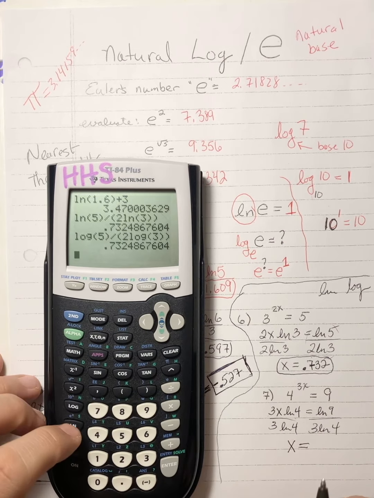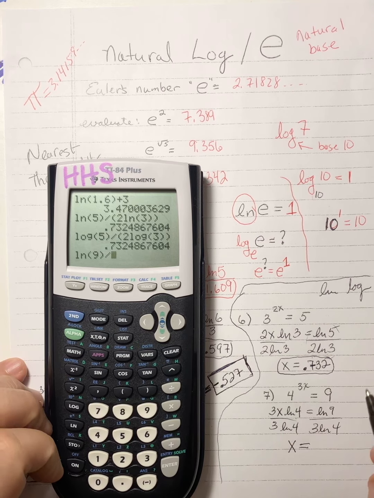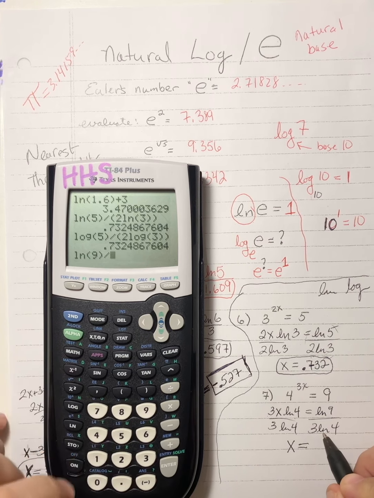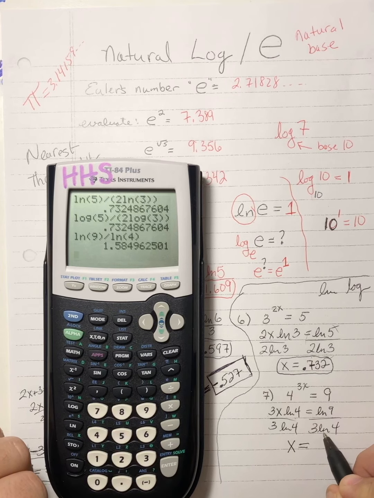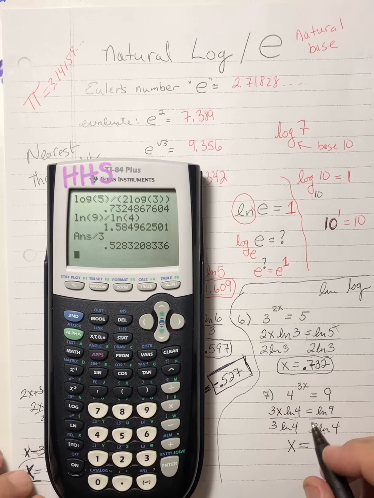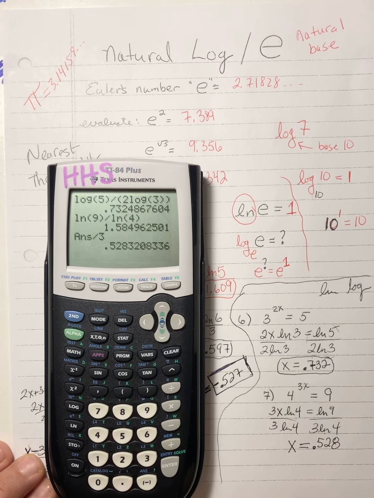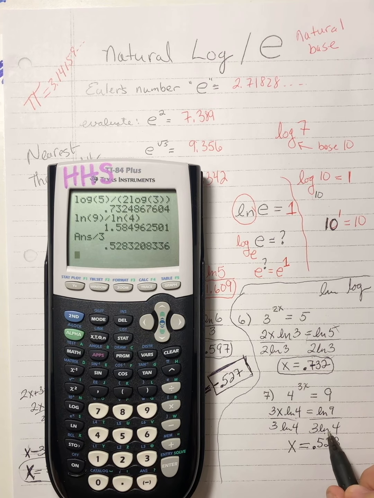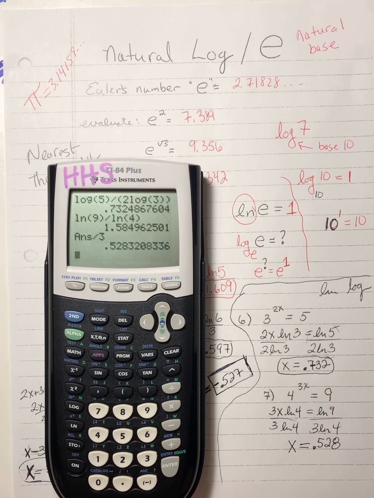So ln of 9 divided by, now you could divide by ln of 4, hit enter, then it's that answer divided by 3. So I have 0.528. I divided by the ln of 4, then whatever that answer was, I divided by 3 because they're both in the bottom, as opposed to using the parentheses.